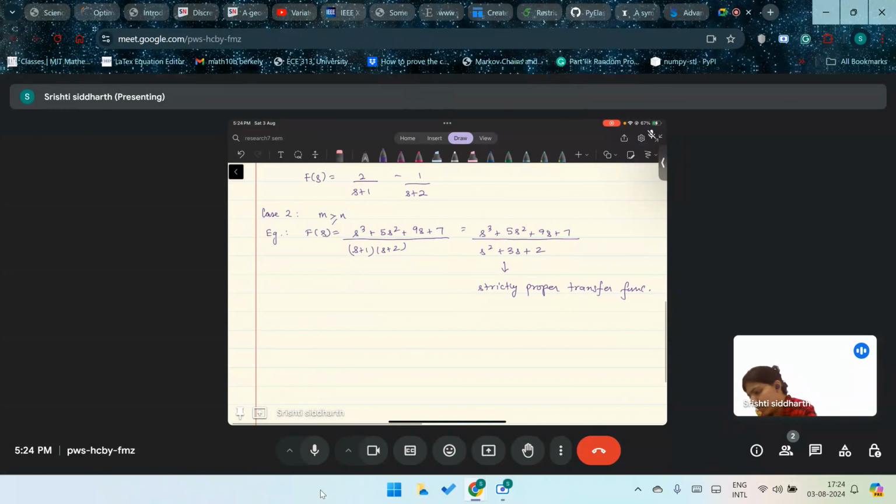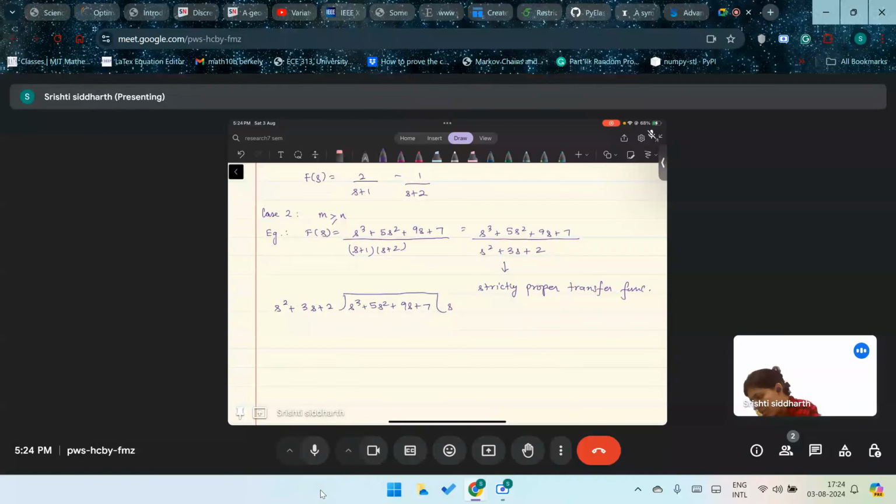What we can do is just divide. We have s cubed plus 5s squared plus 9s plus 7.